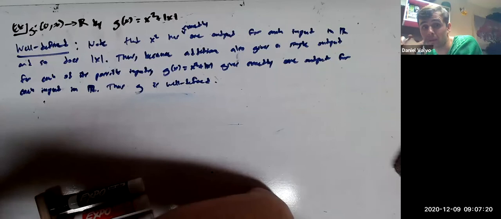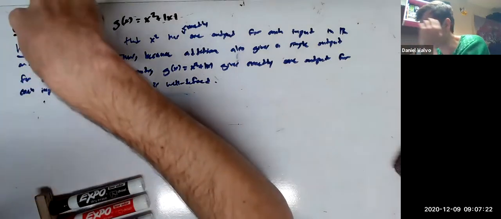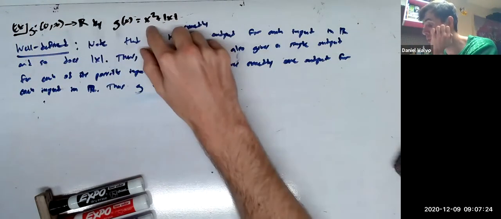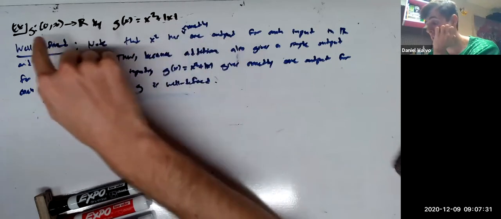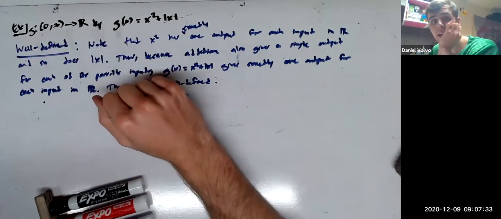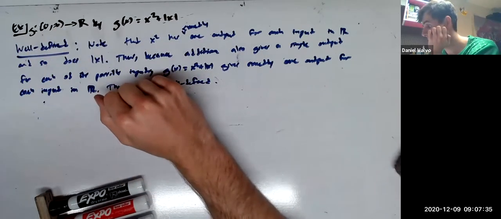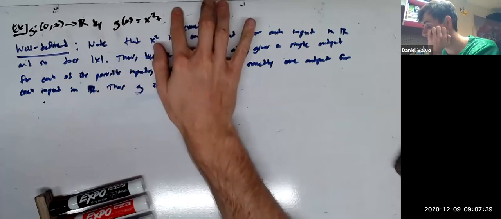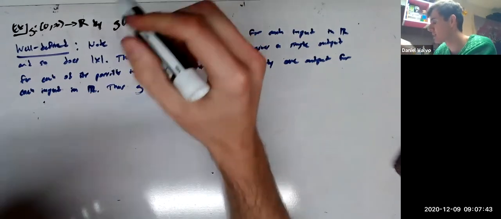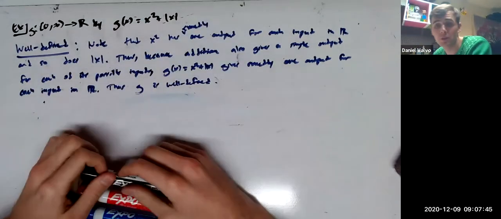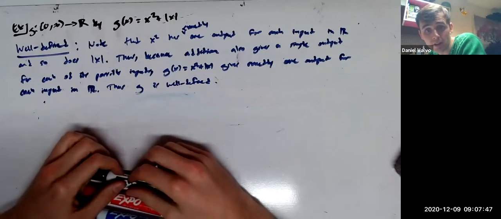Why do I think that? Well, x squared is an increasing function. The bigger x you plug in, the bigger x squared you get. Absolute value of x on 0 to infinity is, again, an increasing function.